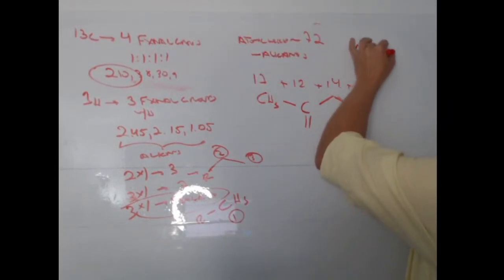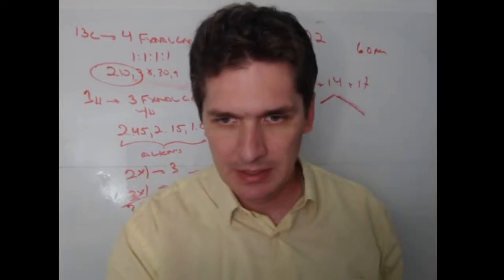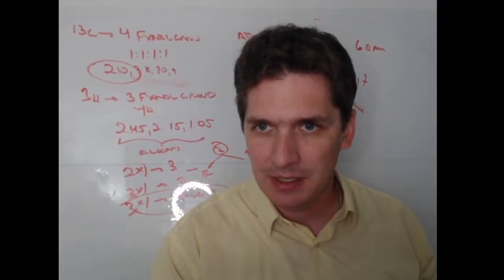So right now we got 60 AMUs with what's written here. And I think I read that figure wrong.